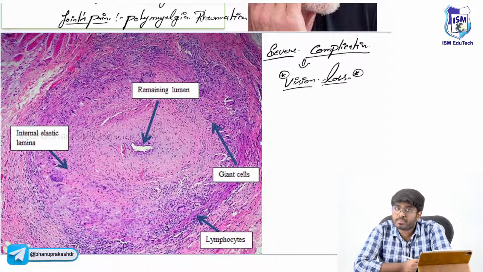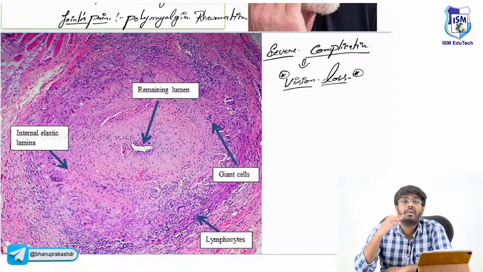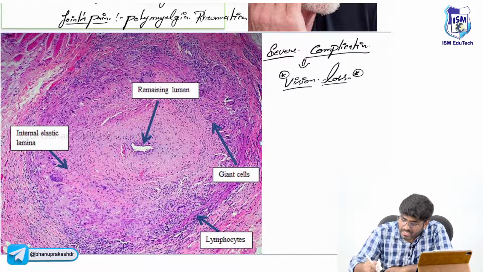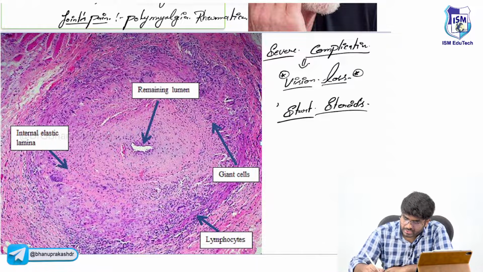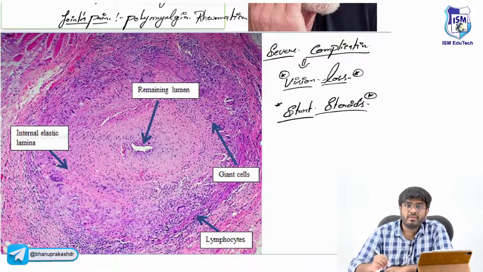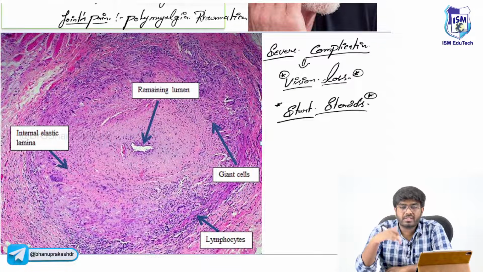So whenever a patient comes to you and you diagnose temporal arteritis, and if she is having blurring of vision or any visual abnormalities, then immediately start steroids. Why do we have to give the steroids? Because steroids are anti-inflammatory; they are going to stop the inflammation.